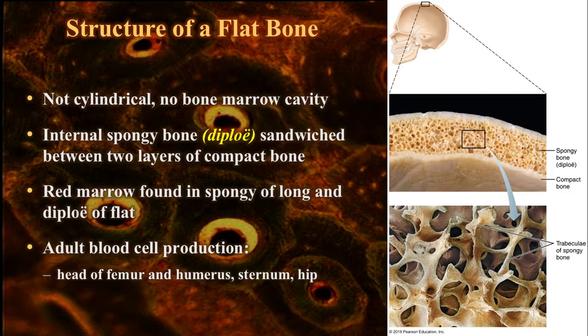Okay? When you are a baby, when you're a fetus, the red blood cell production starts in the liver. So you start out producing your blood cells there, and then you shift over to producing your cells in the bone marrow. All right.